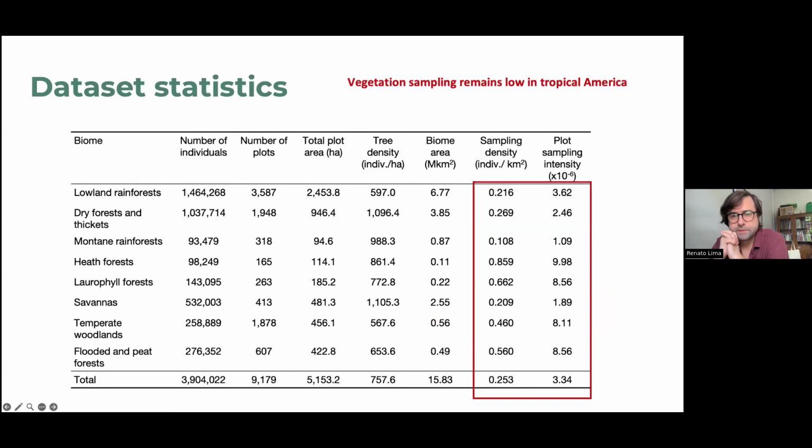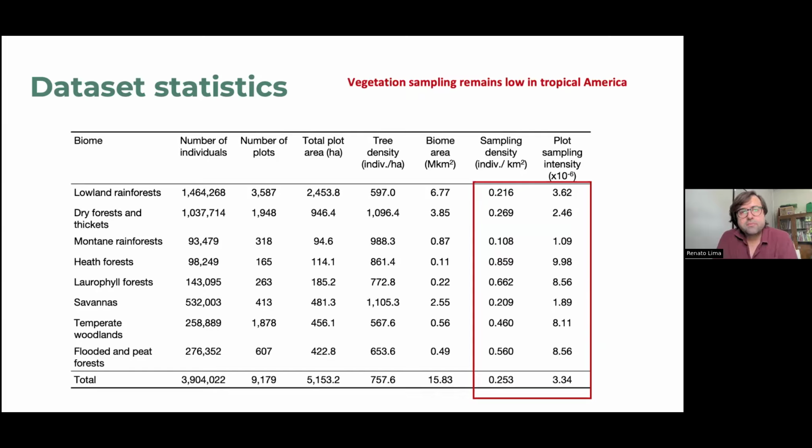Next one, please, Jerome. And this paper is really trying to provide the big numbers and descriptions of our data set for each of those biomes. Every row is a different biome, and in this table we are describing how many individuals we have in our data sets, number of species, total area.